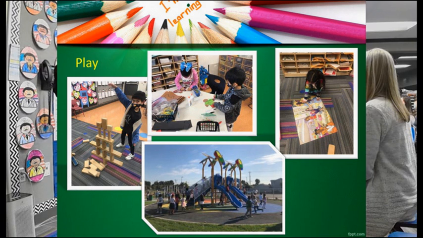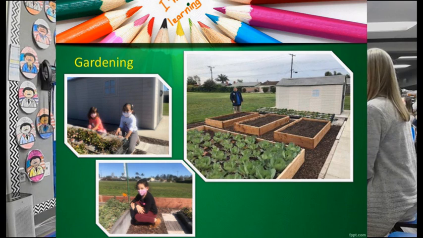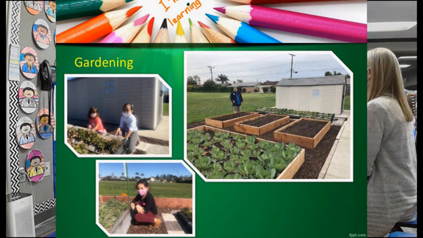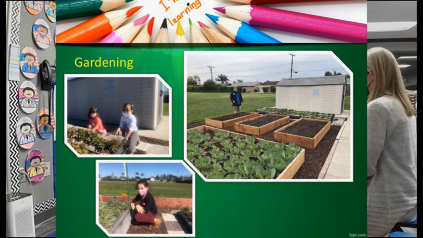And most of our schools will have a garden, either attached to kindergarten or one that's a whole school garden. This is Westmont's garden, and so that was built, I think, probably how many years ago? Two years ago? Yeah, just a few years ago. So it's back behind the kinder buildings and the preschool buildings. And so we have a community member who comes in.